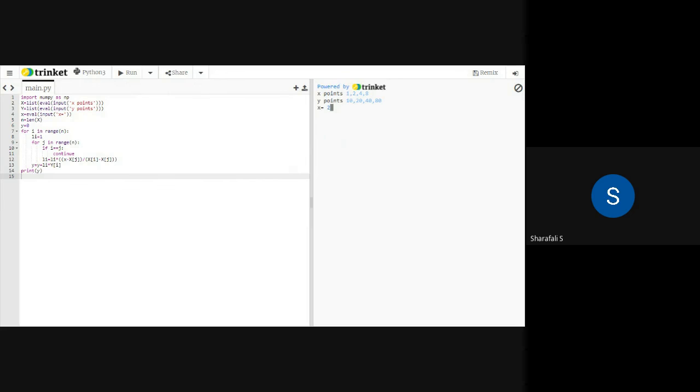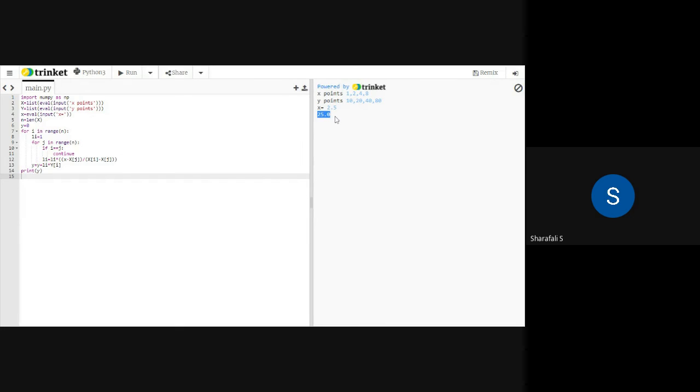Let's consider some 2.5. So for any value, you can get the value corresponding to the x value that you have given. So this is with the Lagrange's interpolation.